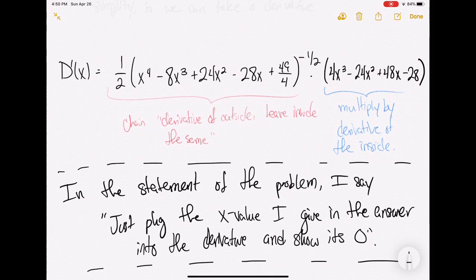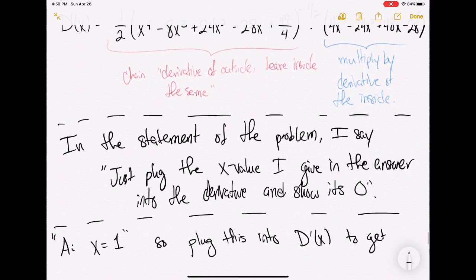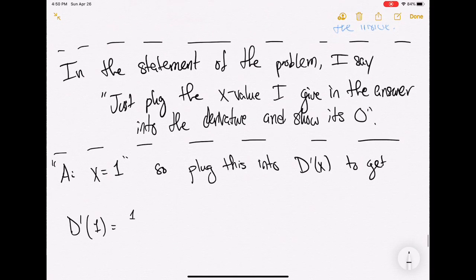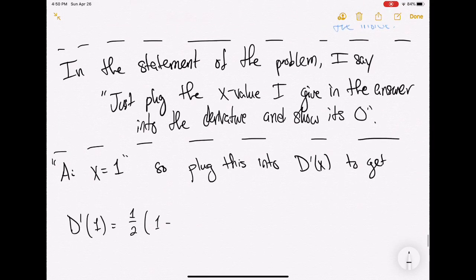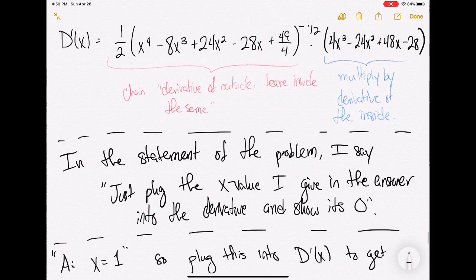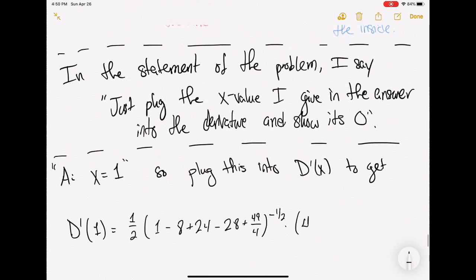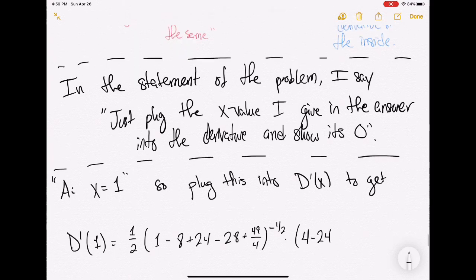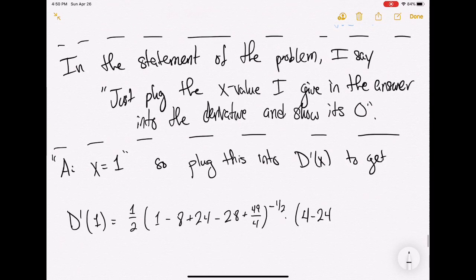D prime of 1 equals 1/2 times 1 minus 8 plus 24 minus 28 plus 49/4 to the minus 1/2 power times 4 minus 24 plus 48 minus 28.